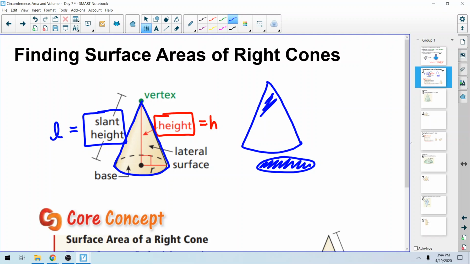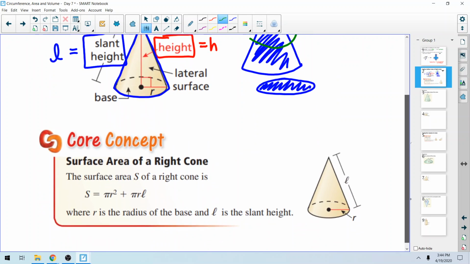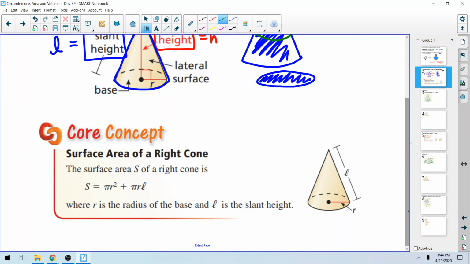So we have to find the surface area of that part, which wraps, you have to think, in a circle the entire way around. Okay, so it's not just that front part, it's also the whole way around the back. So there's a way to get to that, but I'm just going to show it to you. So in order to find the surface area of a cone, this is our formula. So S is going to stand for surface area.